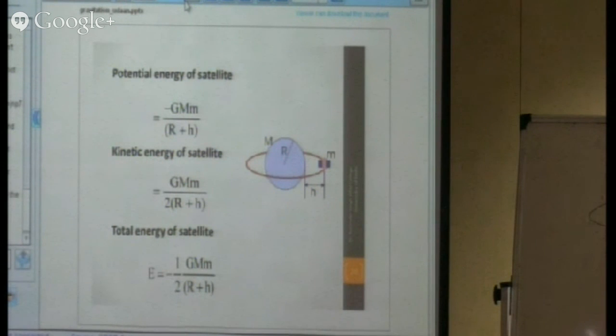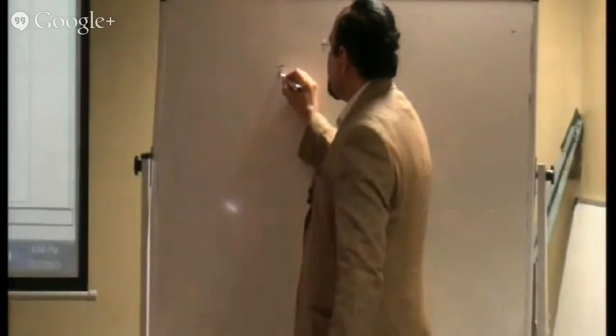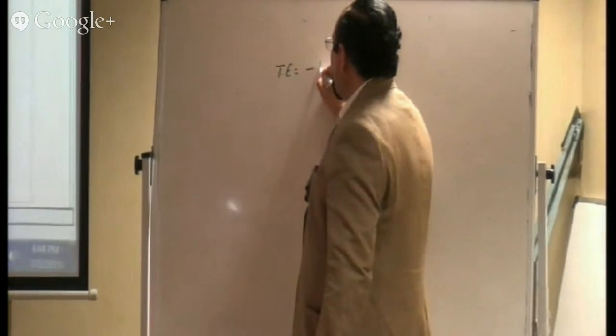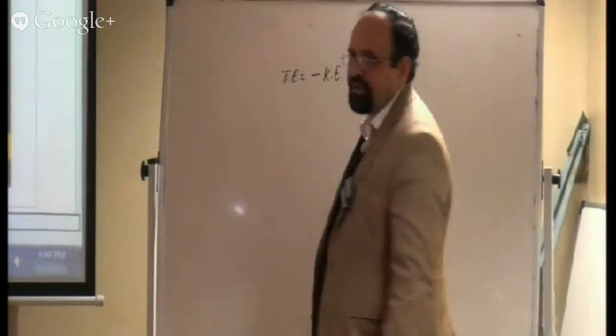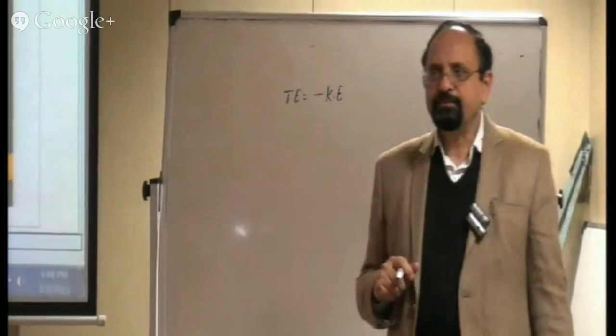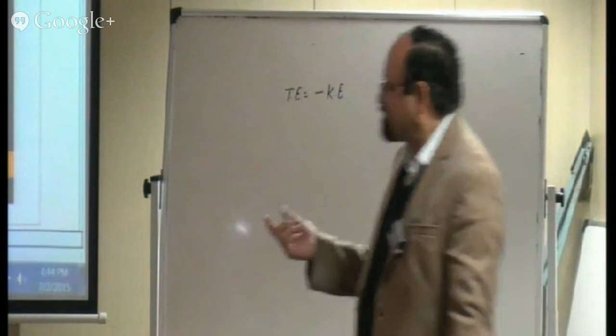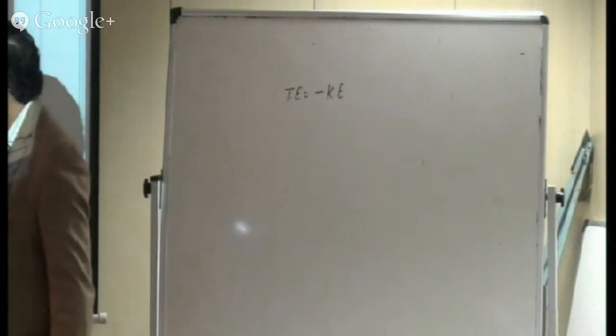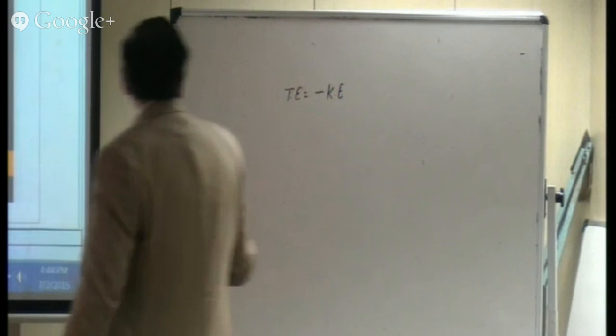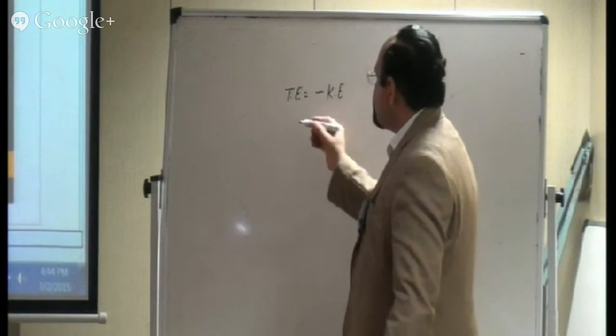Can I write, looking at the expression, that the total energy of the satellite is minus the kinetic energy of the satellite? Look at this. Obviously, because of the negative sign here. And what will be the relation if I write the potential energy?